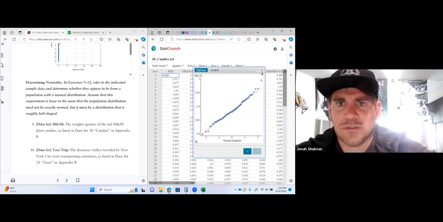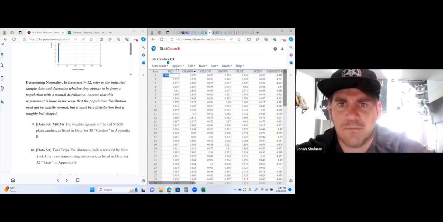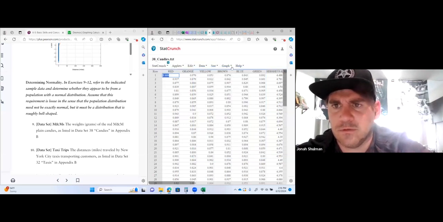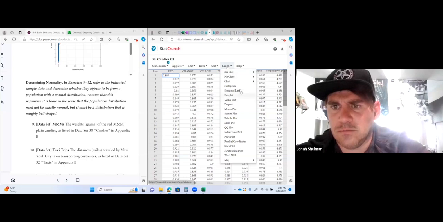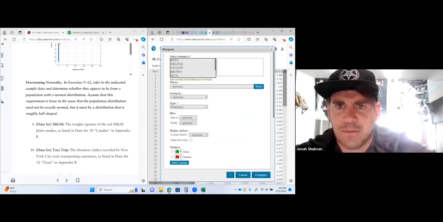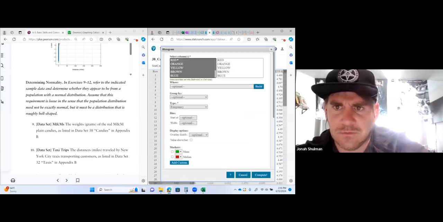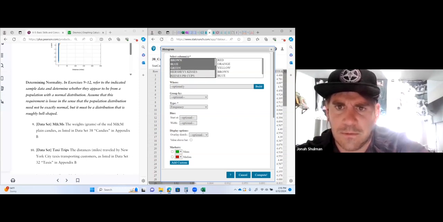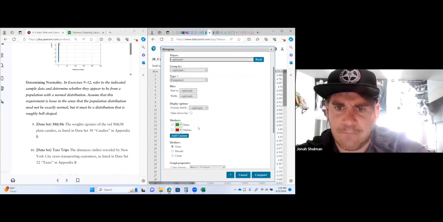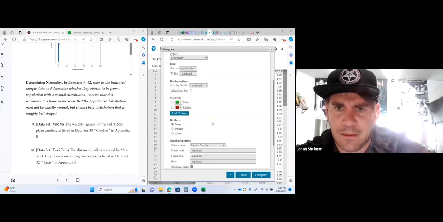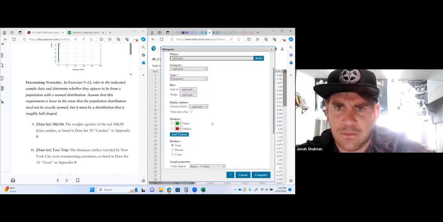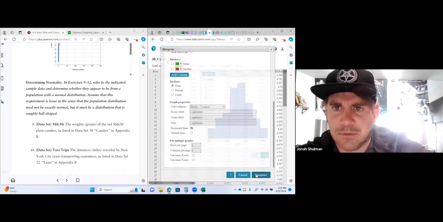Now, how can we make sure these are roughly bell-shaped? Well, we can do a graph. And we can make a histogram. And we can do one for each of these columns. Let's see what happens if I do it without.